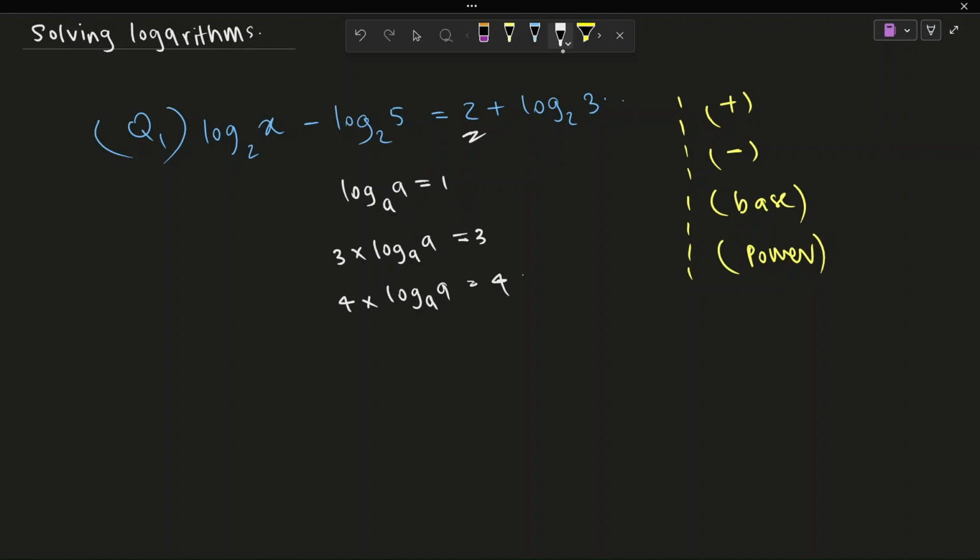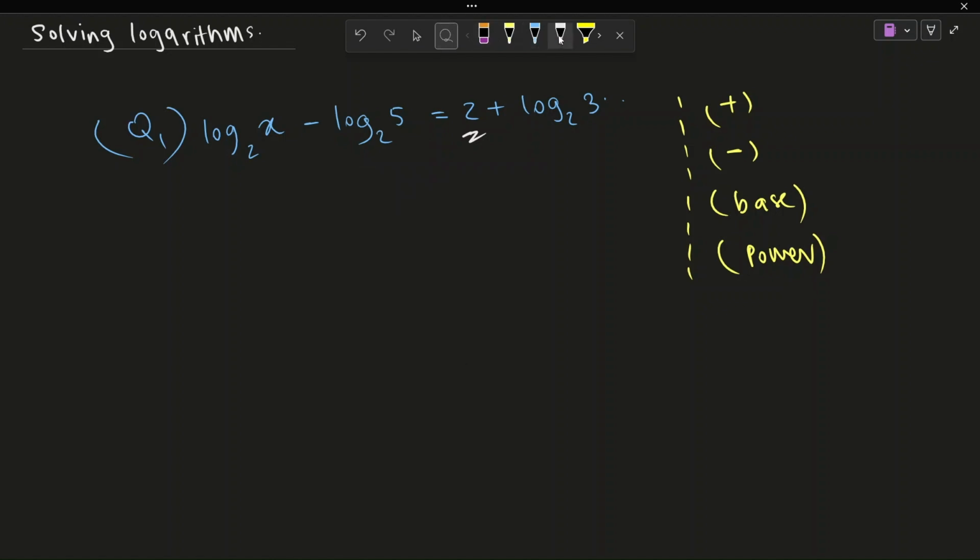Using that, don't you think we can say 2 times log a to the base a equals 2, because 2 times 1 is equal to 2. Okay, let's keep that last line in mind and write this out.